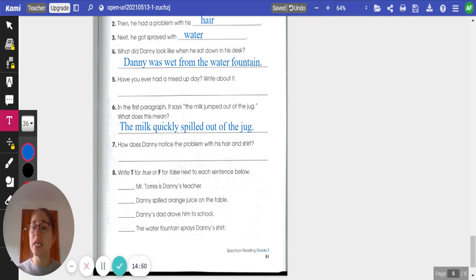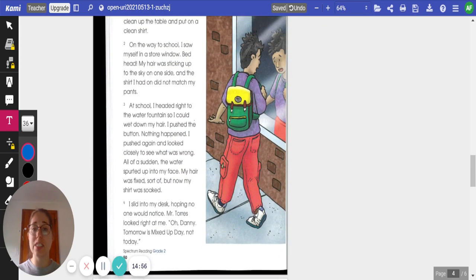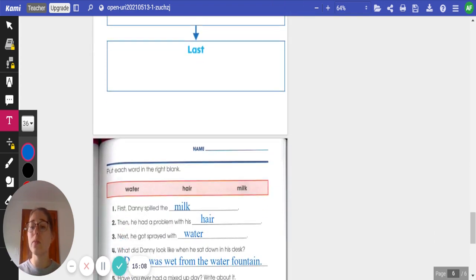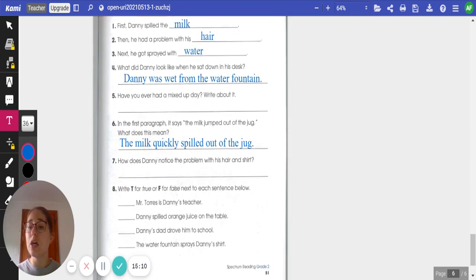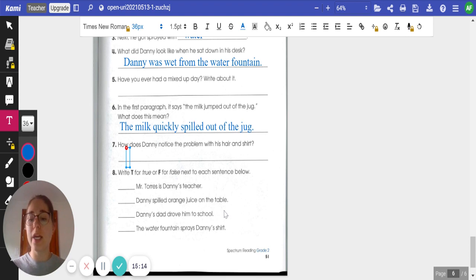Number 7, how does Danny notice the problem with his hair and shirt? Let's go back. If you remember, the picture for our story is Danny noticing his hair and his shirt. If you remember from the story itself, where does it say that Danny noticed that? Use the picture if you need a little bit of help to remember. He notices the problem with his hair and shirt in the reflection of a store window, right?